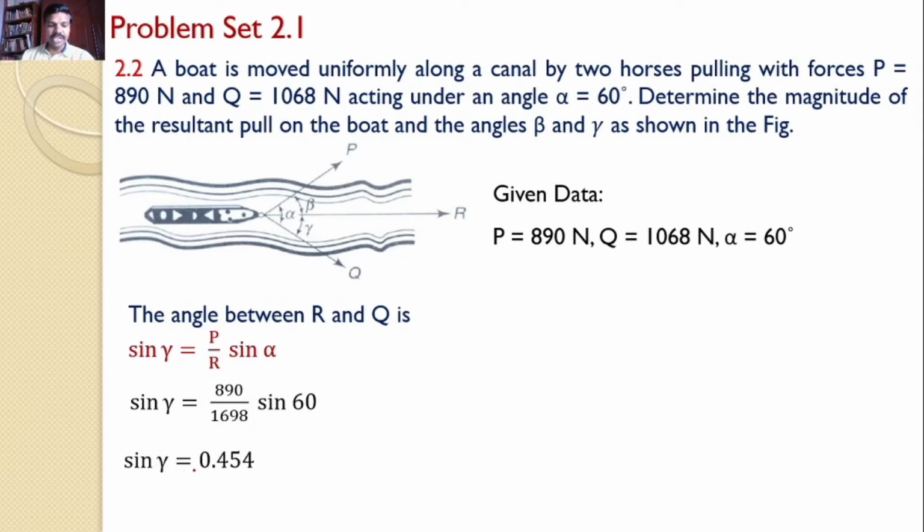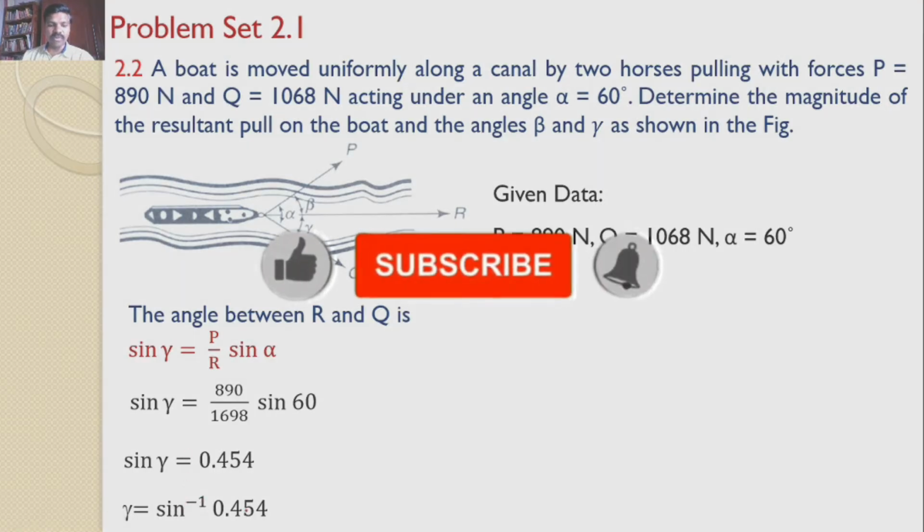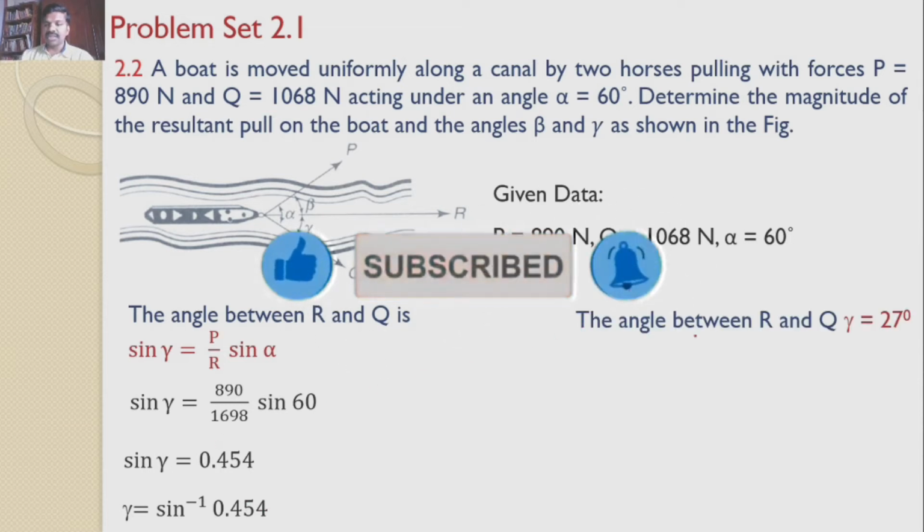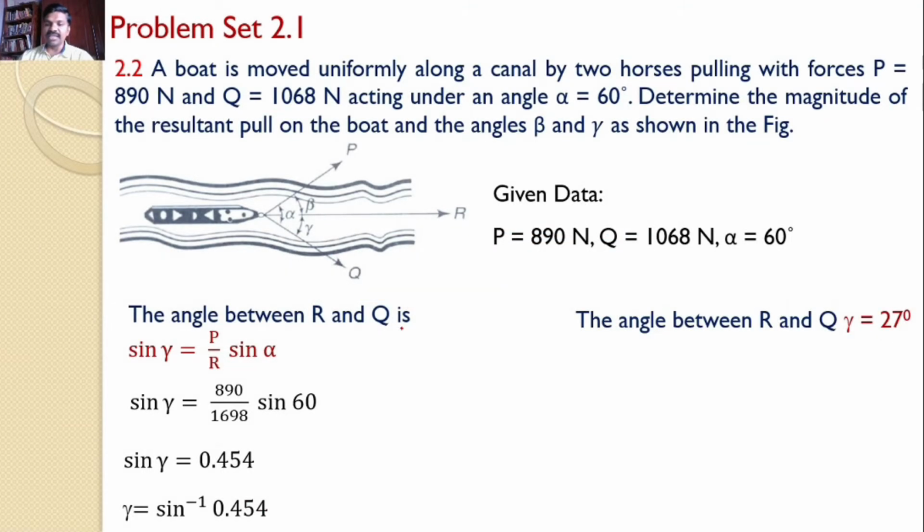Then I will get sine gamma is equal to 0.454 and gamma is equal to sine inverse of 0.454. Then gamma is equal to 27 degrees. That means the angle between the resultant force and the force Q is 27 degrees.